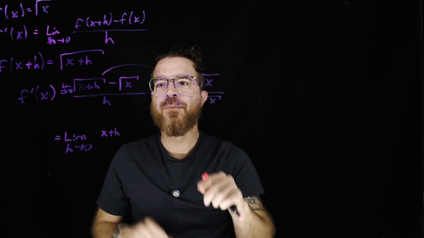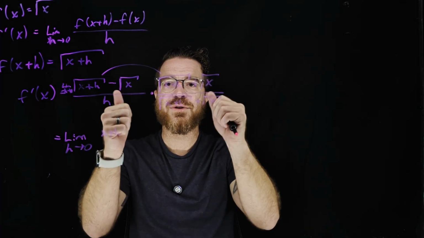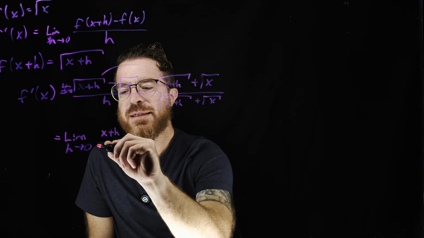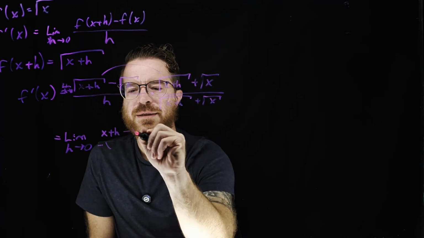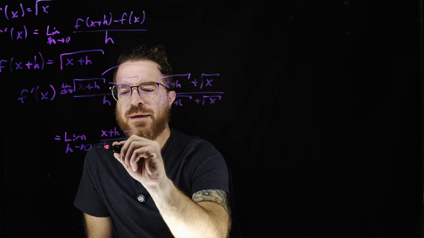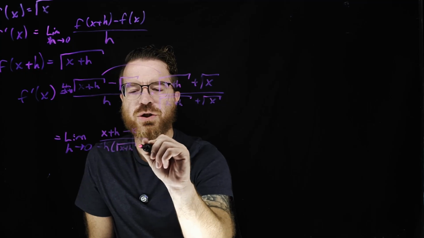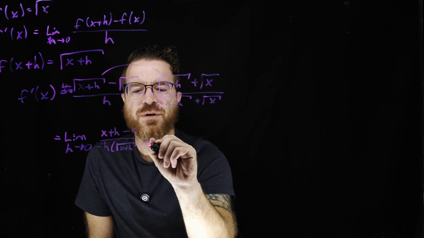So those two are going to cancel. And then we're going to have minus square root of x times square root of x. That's going to get rid of the square root, and it's going to be minus x. And then this is going to be divided by h times the square root of x plus h plus the square root of x.